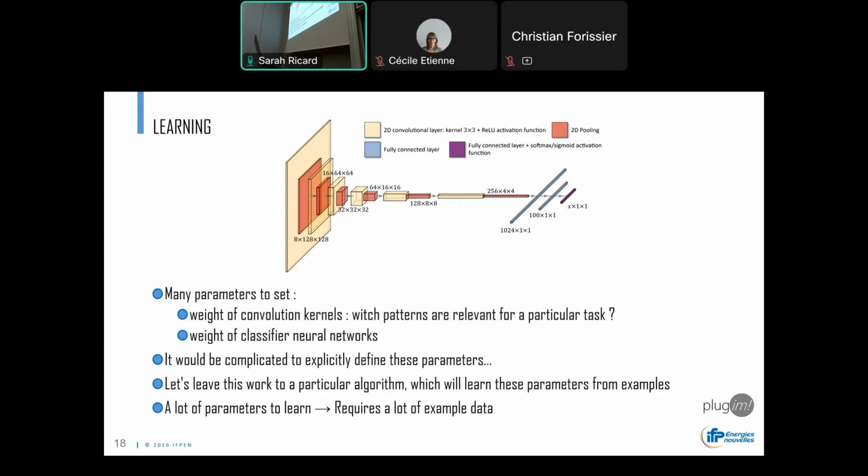So in practical cases, you usually don't need 1,000 images. You need 10 images, for instance, but you need some specific trick to use these 10 images to create virtual images and construct a data set to be able to learn from the data.